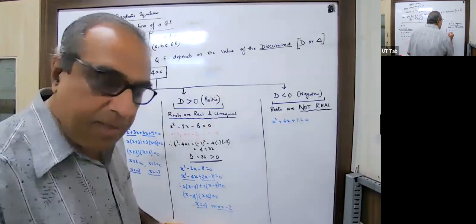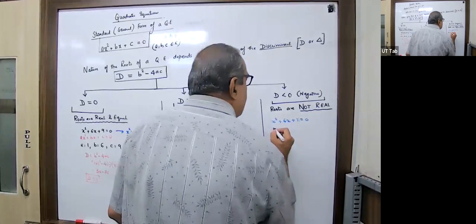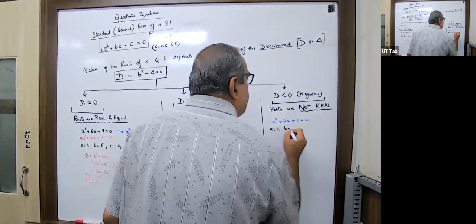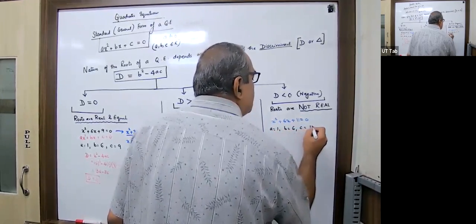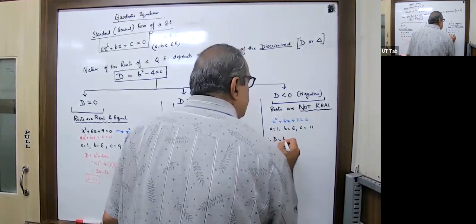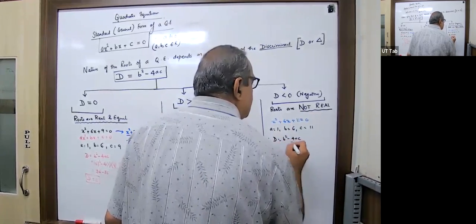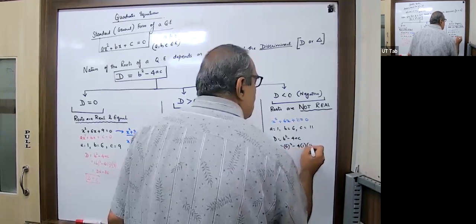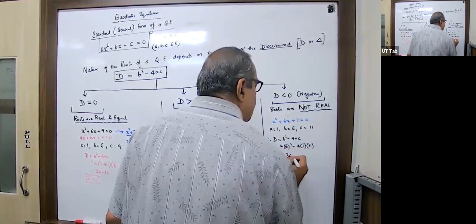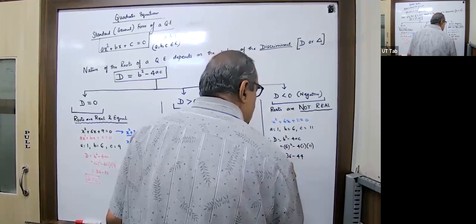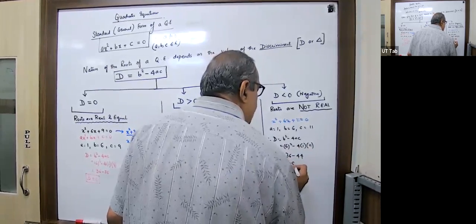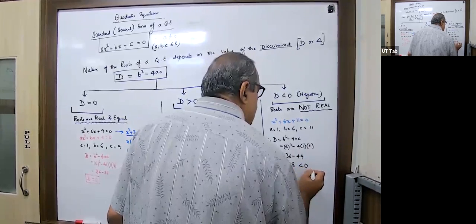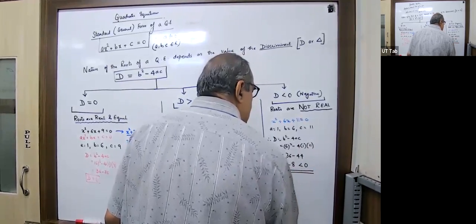So what is A? A is 1. What is B? What is C? Therefore, what is D? b squared minus 4ac. 6 squared minus 4 into 1 into 11. 36 minus 44. D is minus 8, which is less than 0.